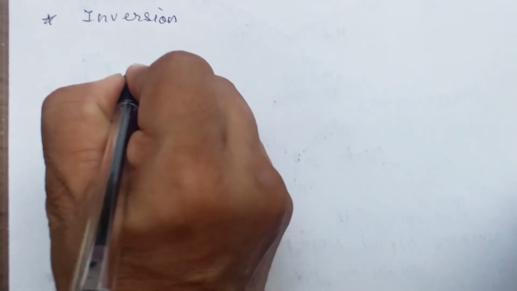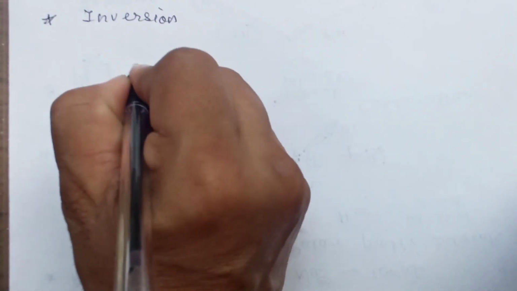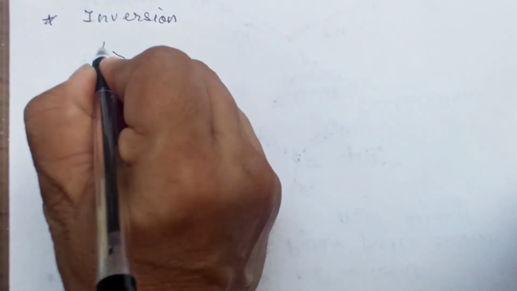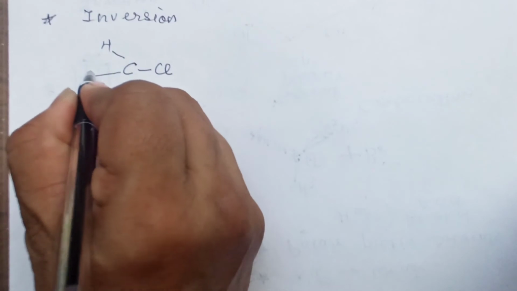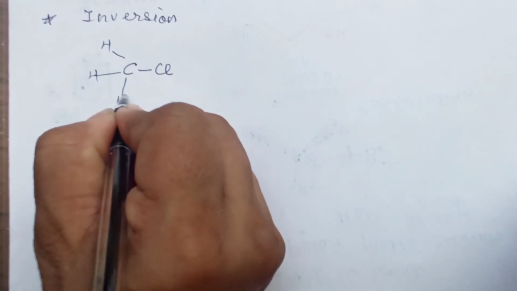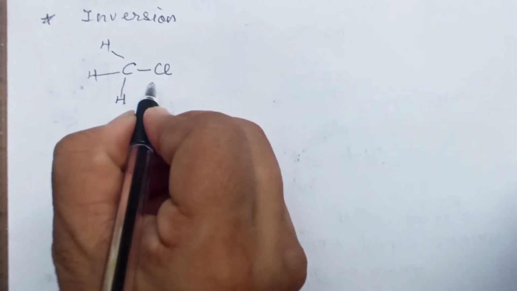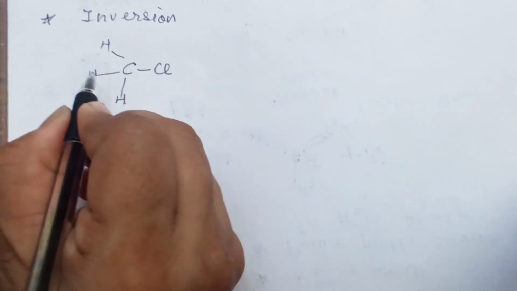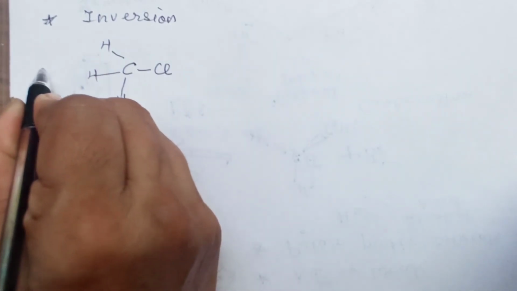We are taking the example of a primary alkyl halide, so I am writing methyl chloride here. On this side you have the halogen attached. From the back side, the nucleophile, say OH minus, is attacking.